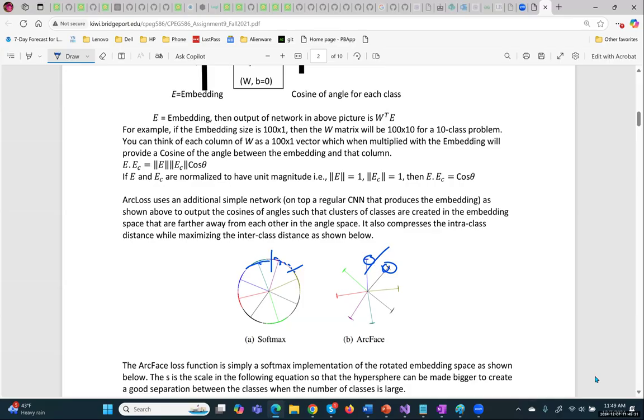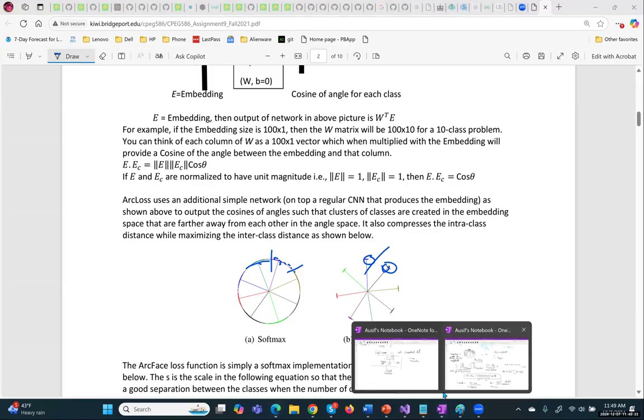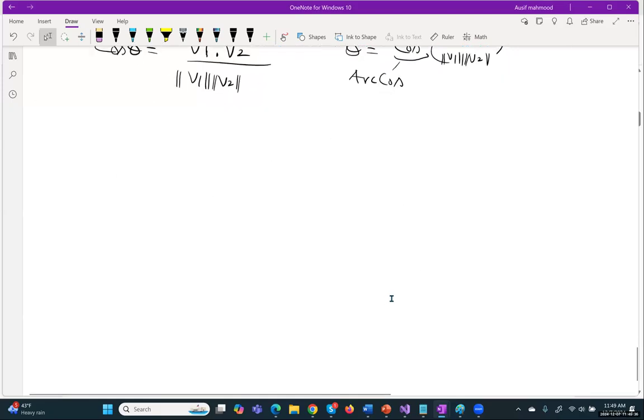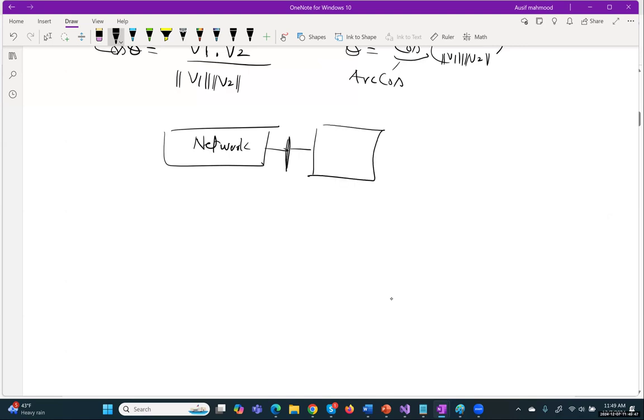If you take a look at our typical network, whatever latent it produces, we put a classifier over here and categorize. In the very last layer, what function do we use? Softmax. Remember, softmax is e raised to something divided by the sum over all the e raised to the outputs.